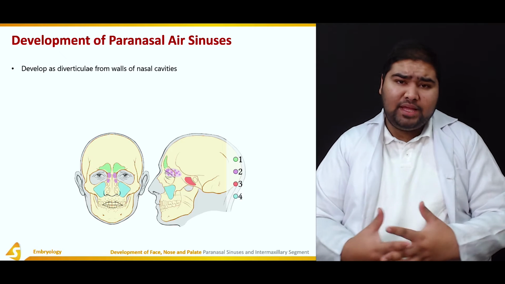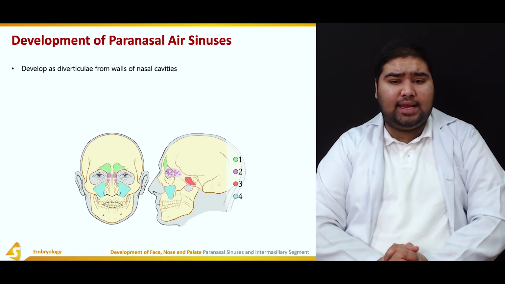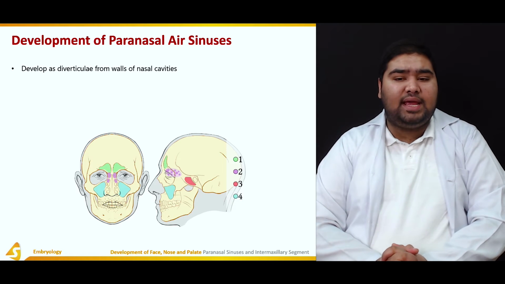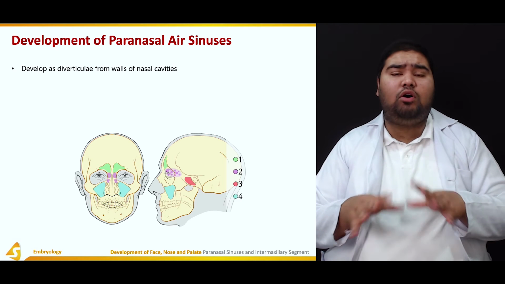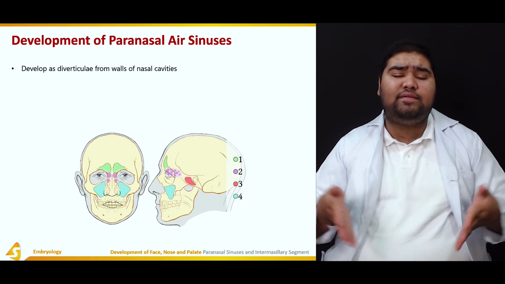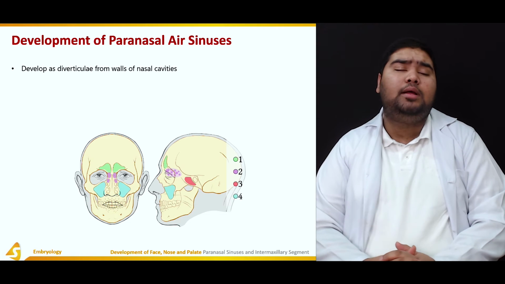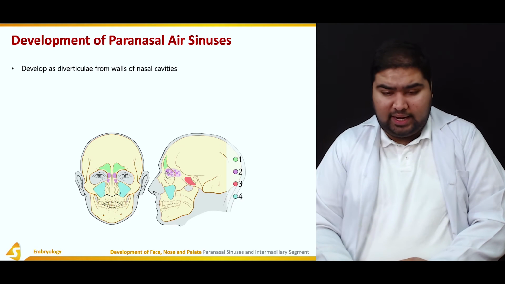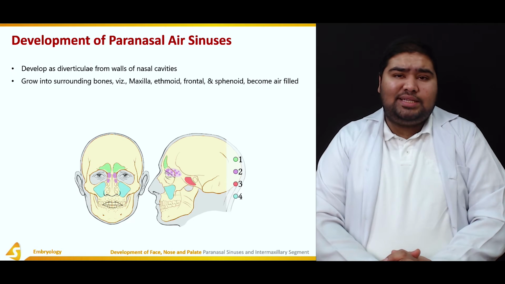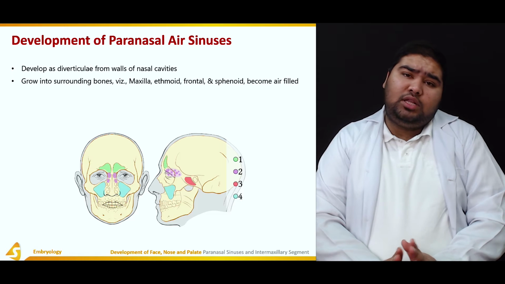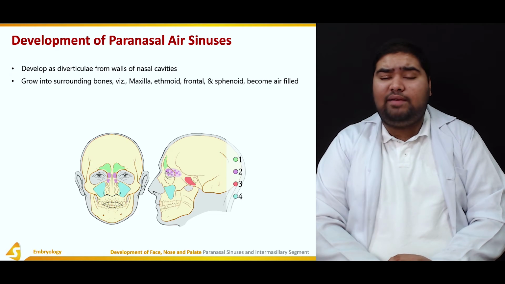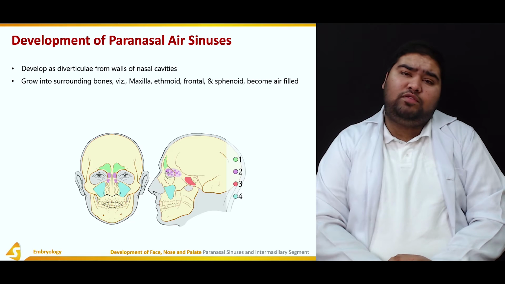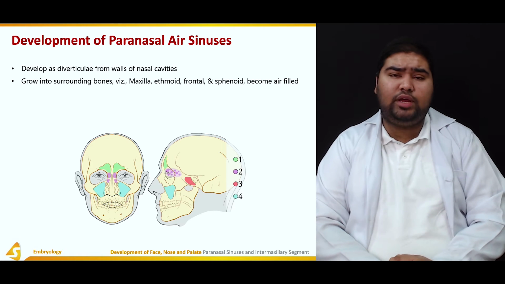They develop as diverticula from the walls of the nasal cavity. The walls of the nasal cavity give off a diverticulum, and this diverticulum then develops into a paranasal air sinus. Because the nose is surrounded by bones on all sides, these diverticula from the lateral aspects of the nasal wall grow into the bones, that is the maxilla.